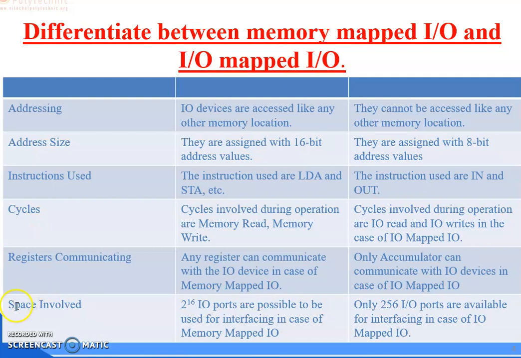Next, in terms of space involved, 2 to the power 16 IO ports can be used for interfacing in case of memory mapped IO, but only 256 IO ports are available for interfacing in case of IO mapped IO.